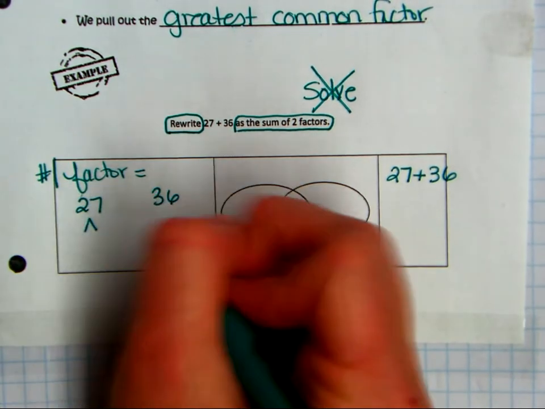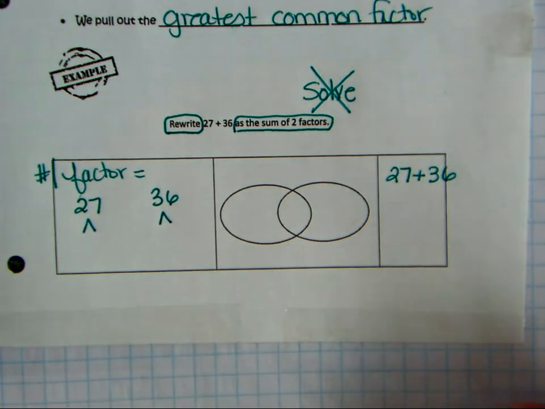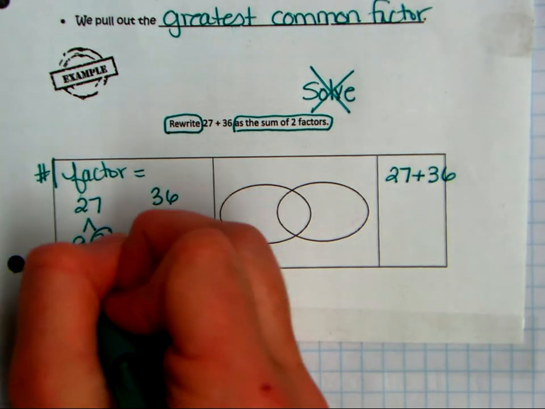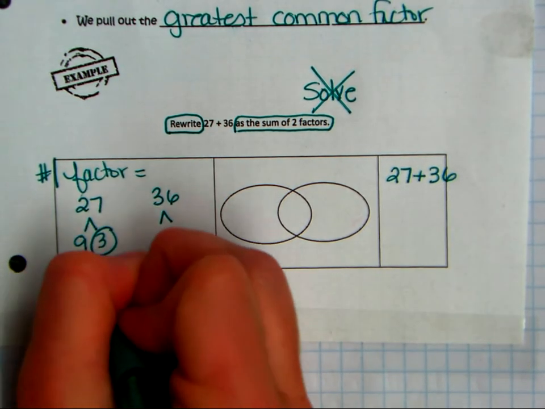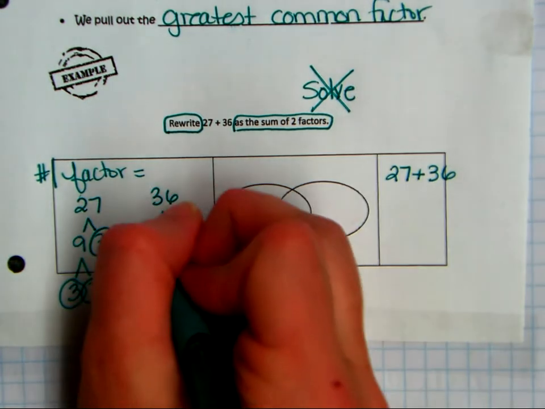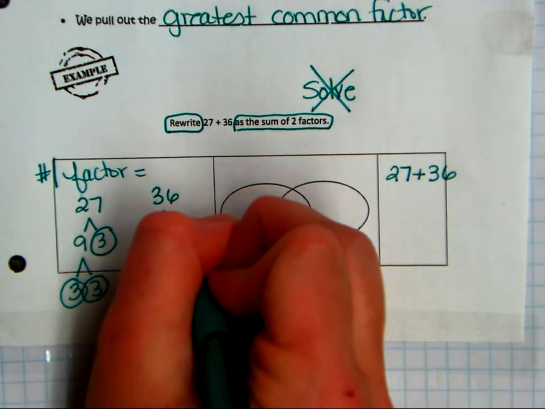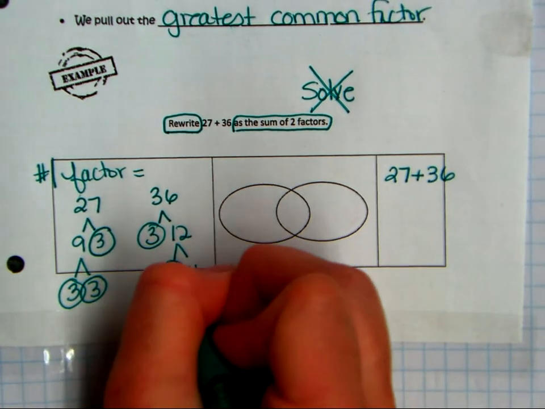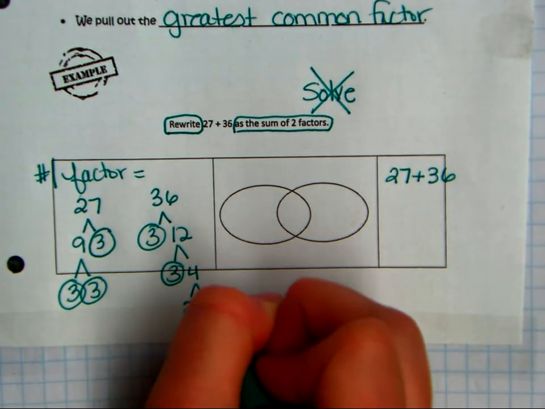This is going to use our trees. 27, two numbers that go into 27 are 9 and 3. 3 is a prime, 9's not. But 3 and 3 are. That one's done. 36. Let's go with our 3 family and let's do 3 and 12. 3 is a prime, 12 is not. 3 and 4, 3 is prime, 2 and 2.